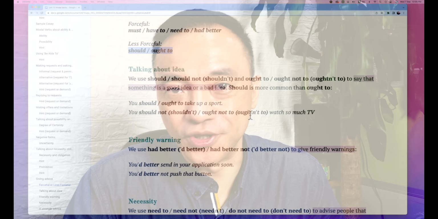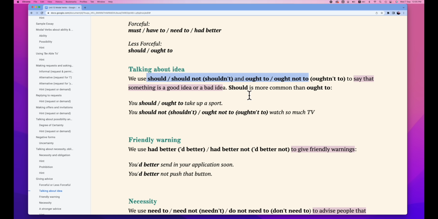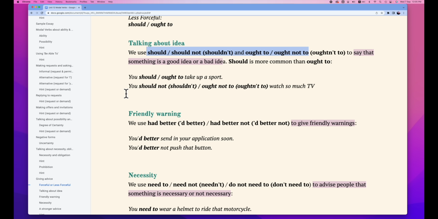Talking about ideas with modal verbs should and ought to. We use should, should not, ought to, ought not to to say something is a good idea or a bad idea. Should is more common than ought to. Example, you should or you ought to take up a sport. You should not or shouldn't, ought not to, oughtn't to watch so much TV.